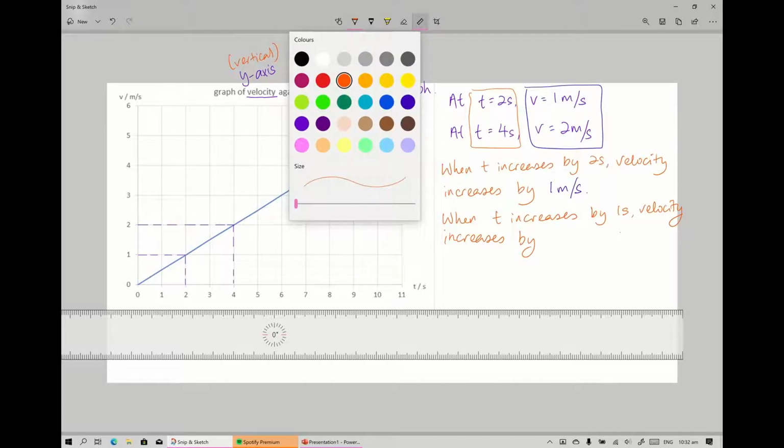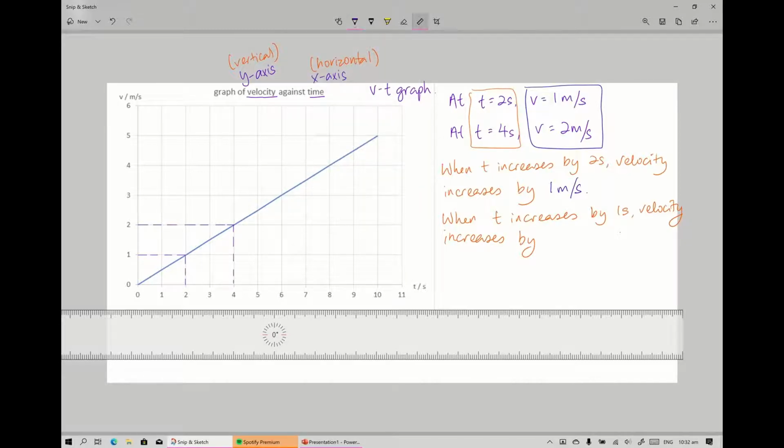we do the proportionality method, that's 1 over 2. Okay, this one refers to this one, and the 2 refers to this.